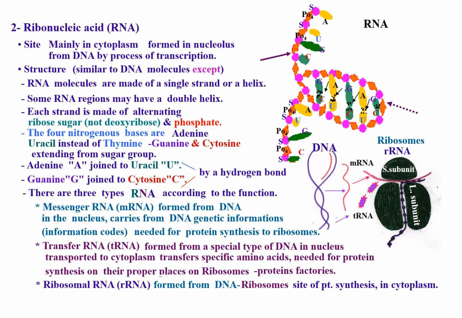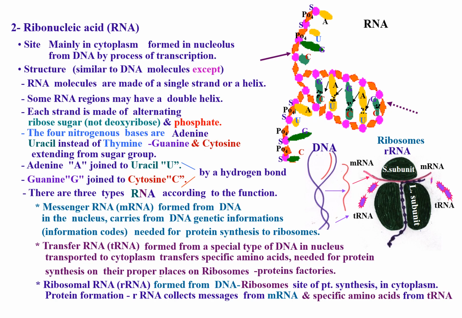To summarize the steps for protein synthesis, ribosomal RNA collects messages from messenger RNA and specific amino acids from transfer RNA, then manufactures the needed proteins.